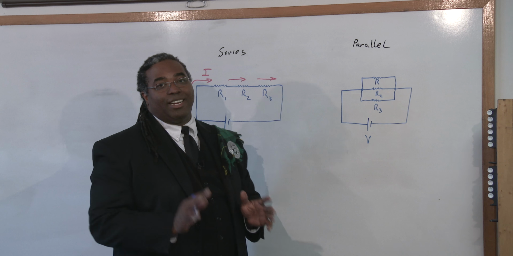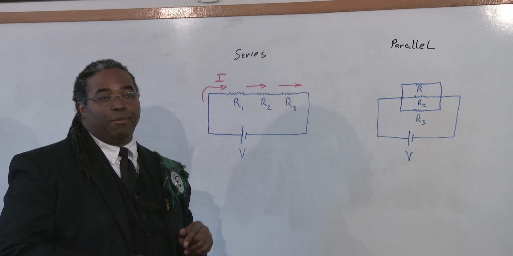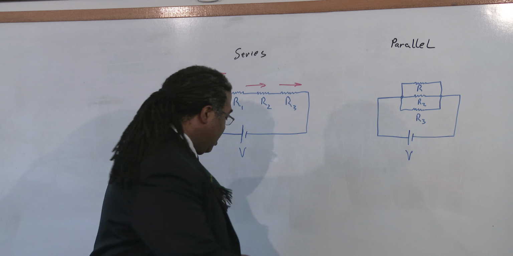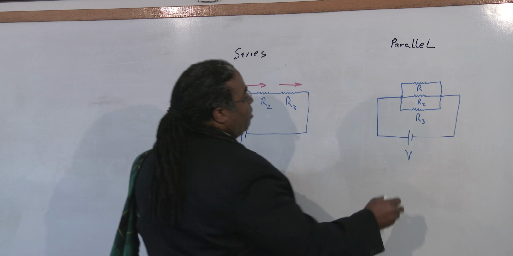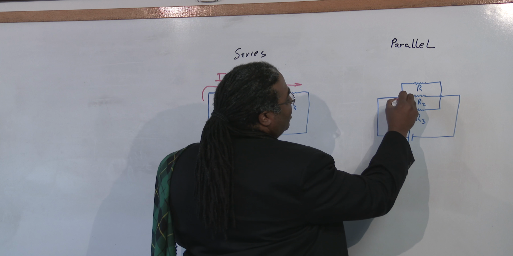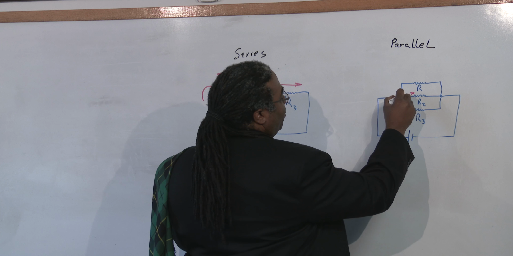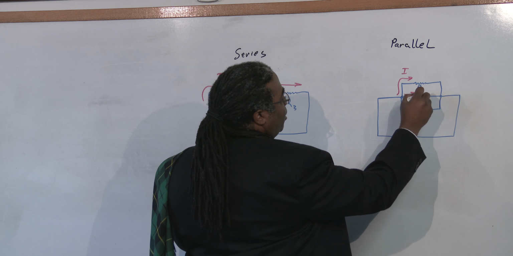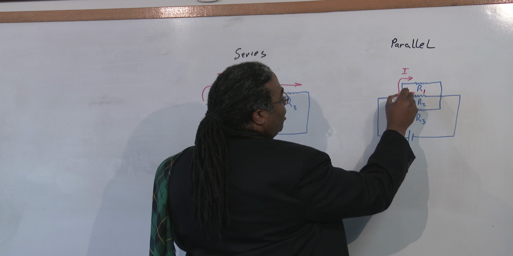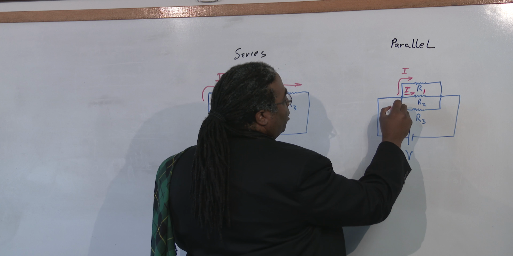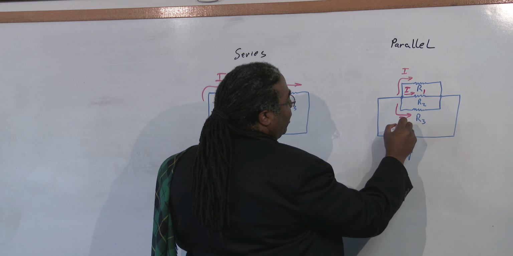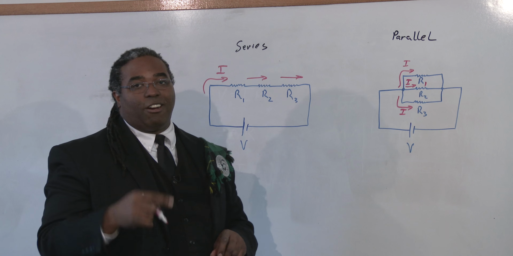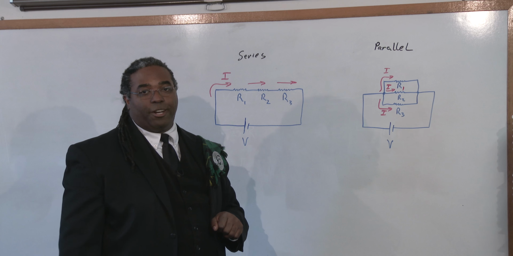Now, how are you able to identify a parallel circuit? Simple. The first question you ask is, does the current have options? What I mean by that is, if the current comes to this junction, you see that it doesn't have to go through resistor 2. It could branch up and go through resistor 1. It could go through resistor 2, or the current could go down and go through resistor 3. So that lets you know right off that you've met the first condition. The current has options for what direction it wants to go.